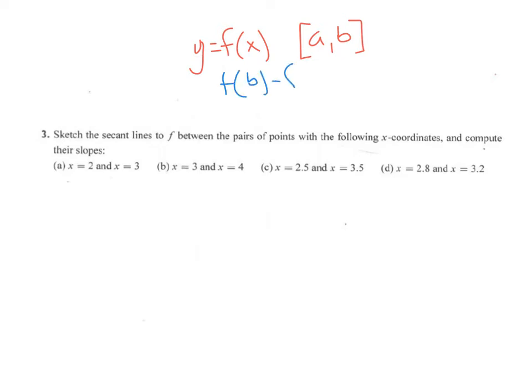So the change of outputs, which is identified as f of b minus f of a, that's the difference of the outputs, divided by the difference of your x values, so b minus a. So we use this formula f of b minus f of a all over b minus a for all of these problems down below, and we investigate what the slope is approaching.